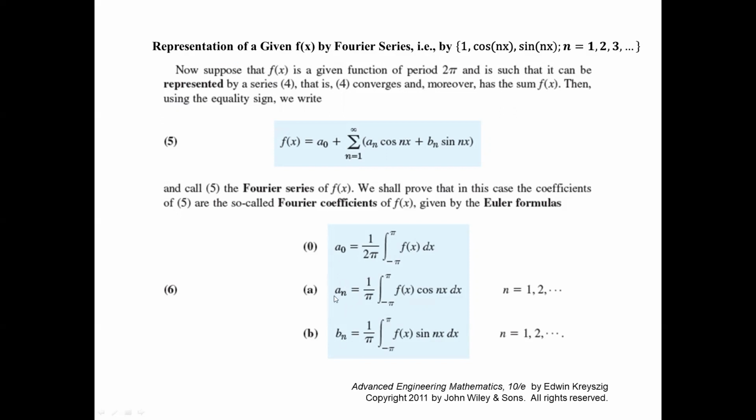In order to get an, we multiply this equation by cosine nx, and then integrate both sides from minus pi to pi. As we already explained, the integral of 1 and the cosine in this range will be 0.